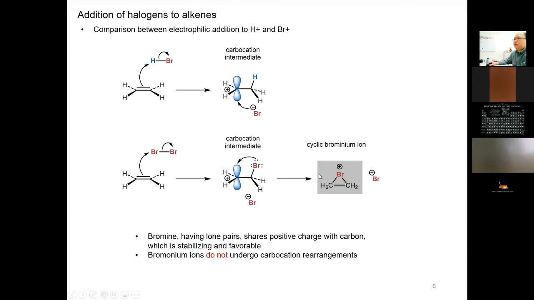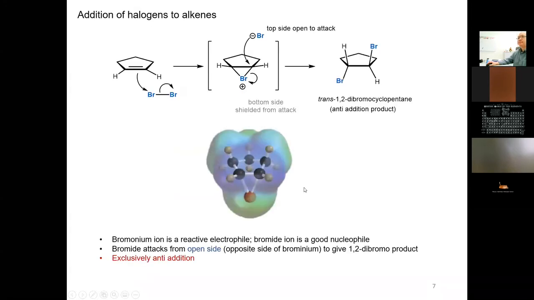So the intermediate now looks more like the three-membered ring, what we call the brominium cation. Okay, and because this is not a free carbocation, but a stabilized carbocation by the neighboring Br, it does not rearrange. So for the bromine addition, there is no carbocation rearrangement.